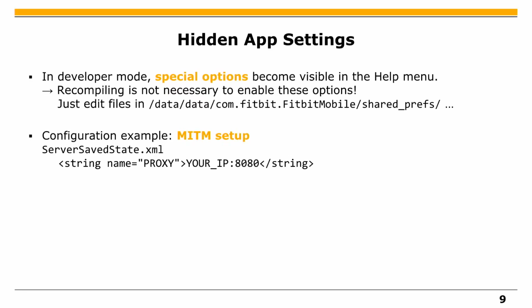For example, you can enable a proxy server, which we just used for man in the middle, because that's much easier. Then you don't see the traffic of all the other things happening on your smartphone, just the Fitbit app. And then we found out you don't even need to recompile the app for this, because there are configuration settings in the files, and so you can just run even an unmodified app and change those settings.